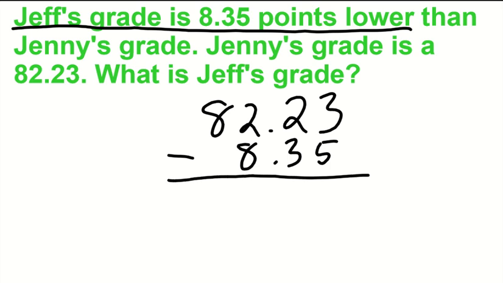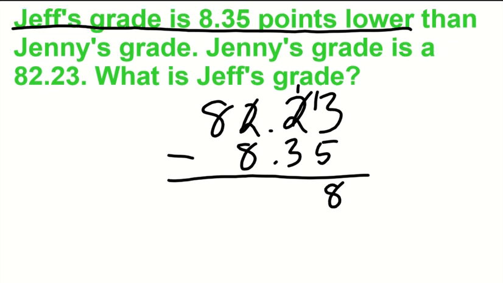So as we subtract, if the bottom number has a higher digit than the top number, we got to borrow. So we borrow from there. That gives us 8. Then we got to borrow from there. 11 minus 3 is also 8. Decimal comes straight down. And like Jeremiah said, we get 73.88.